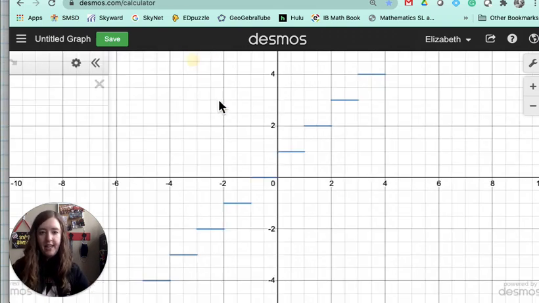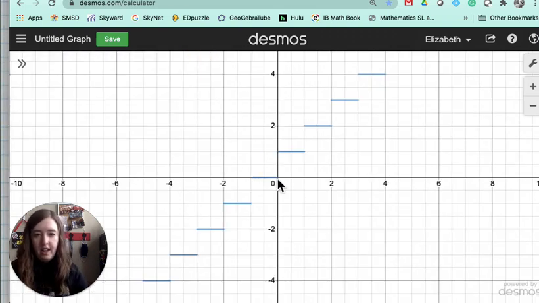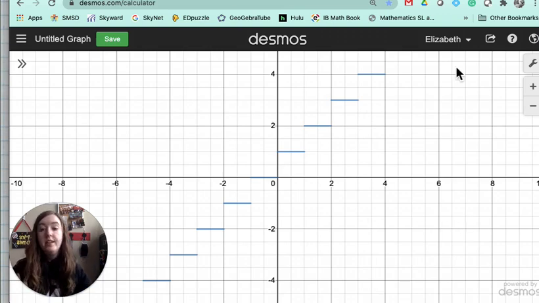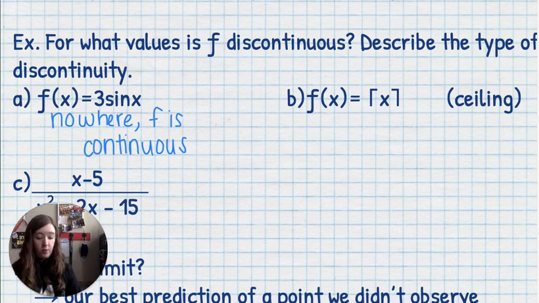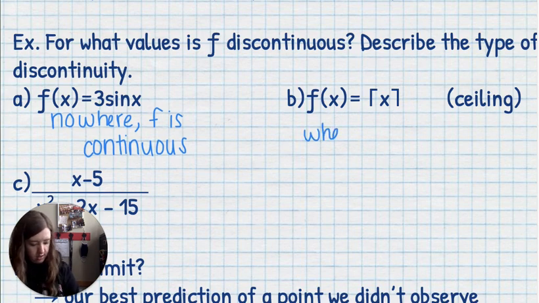Well, if we take a closer look here, I have breaks at 0, 1, 2, 3, all the way up, right? So I'm discontinuous at every integer. So where is it discontinuous? Where x is an integer.